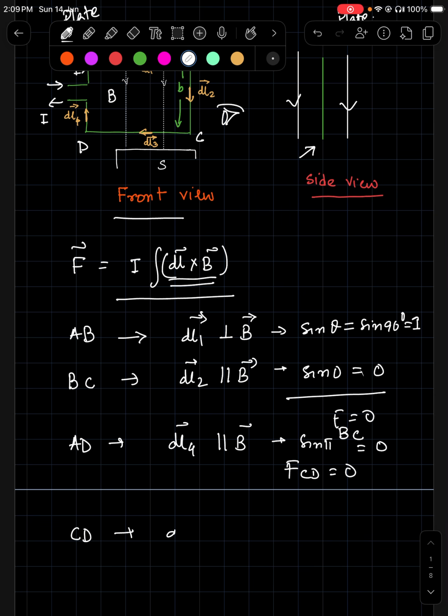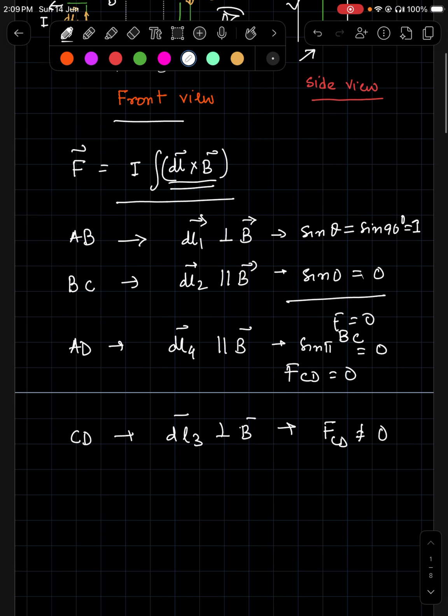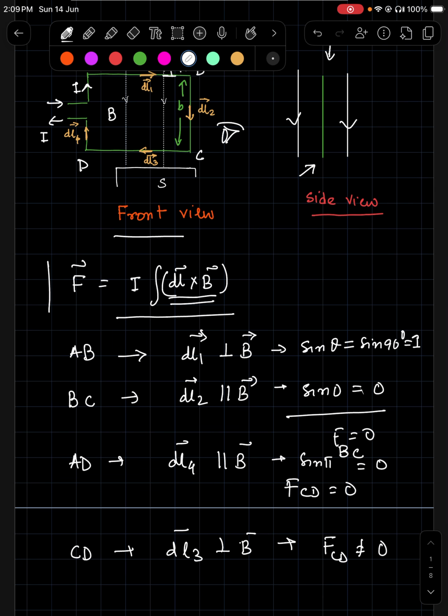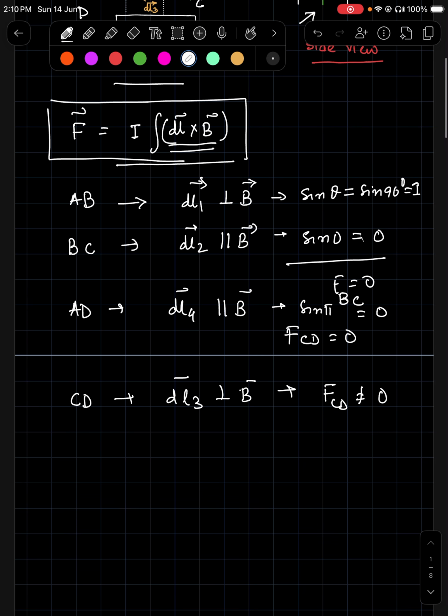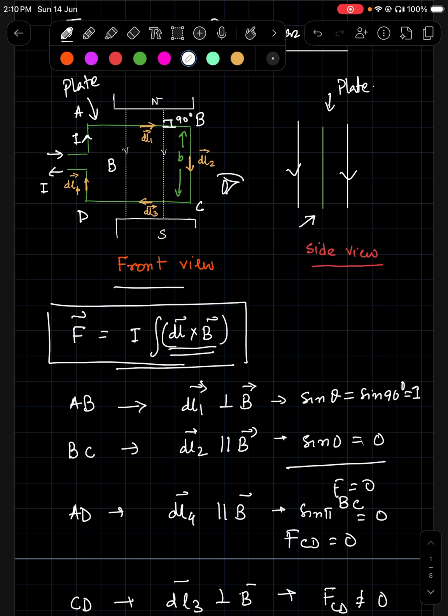Here you can easily see that dl3 is again perpendicular to the magnetic field, and you will get that the force on CD is a non-zero quantity. So to calculate the force, we can easily see the contribution will come only from AB and CD, because along those lines the line elements dl are perpendicular to the magnetic field.